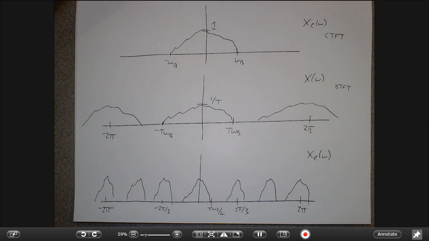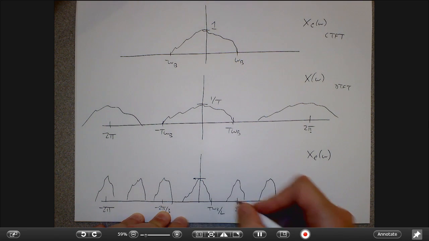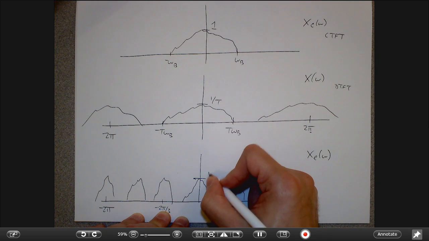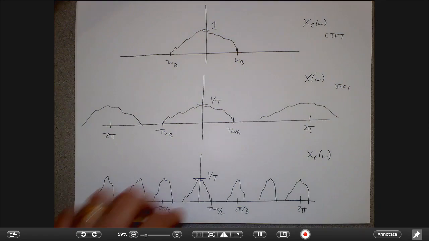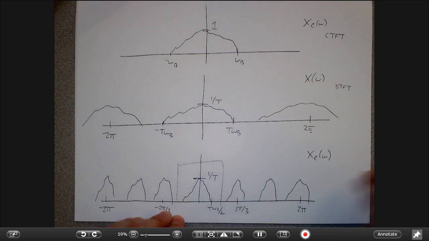And so here it's easy to see that all I need to do to get the original signal back is to notch out the middle copy. So the height of these guys is going to be 1 over T. And if I am to notch this guy out, I need a filter that looks like this.